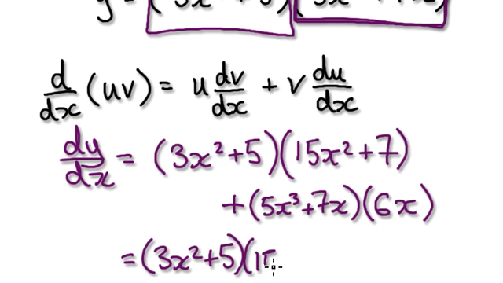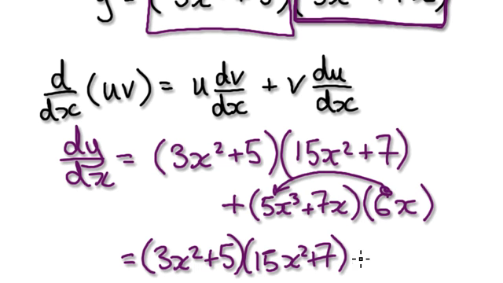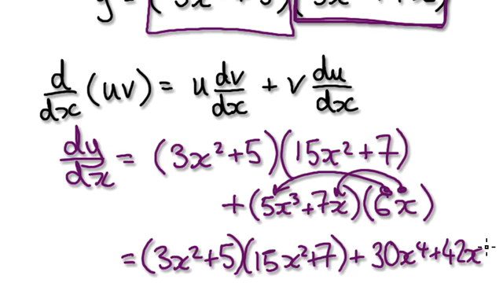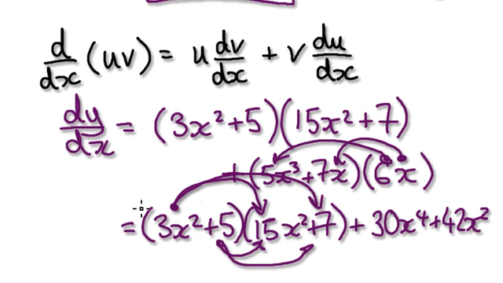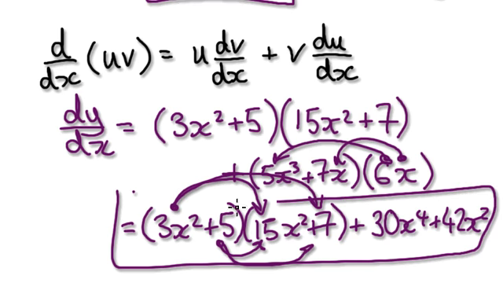So it's 15x squared plus 7, and then multiplying this out gives plus 30x to the power of 4, and then this times this gives plus 42x squared. You could multiply the rest out too, but we're just going to leave it as this.